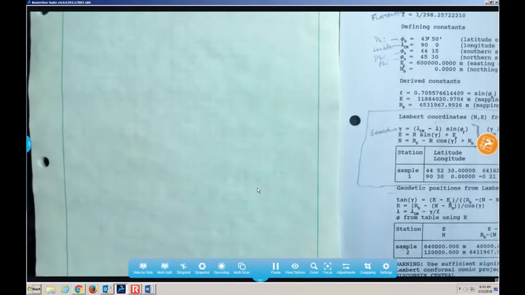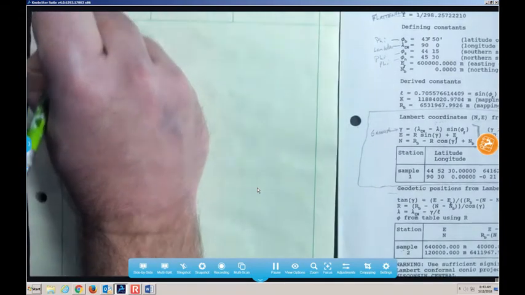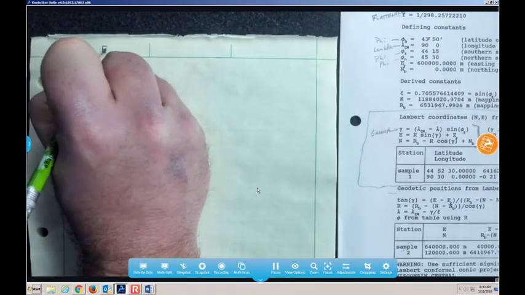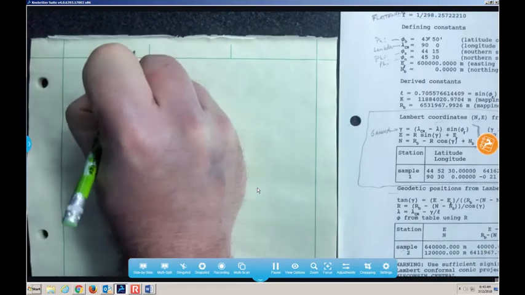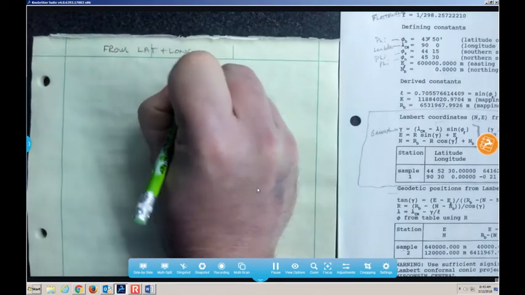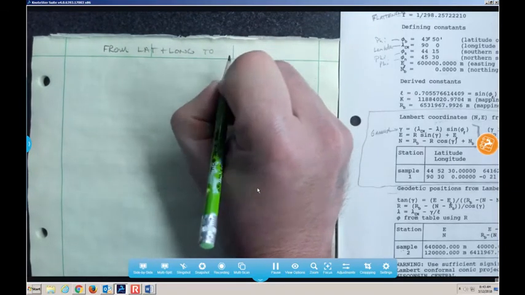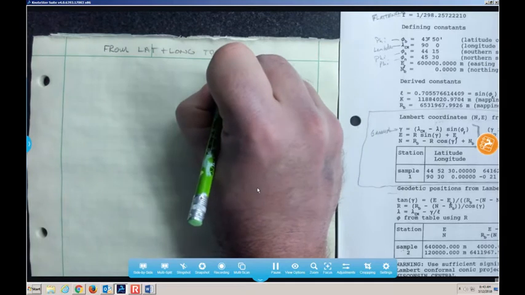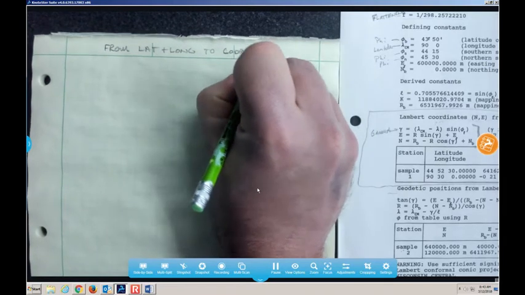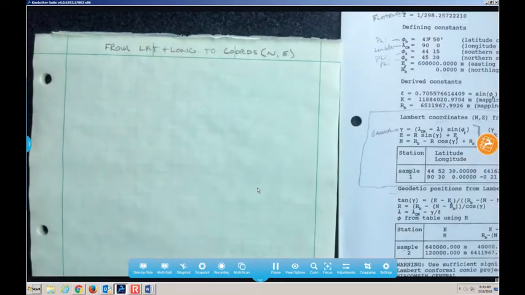Okay, so for this first one, we're going from lat and long to northing, easting coordinates. So Lambert coordinates from geodetic positions.